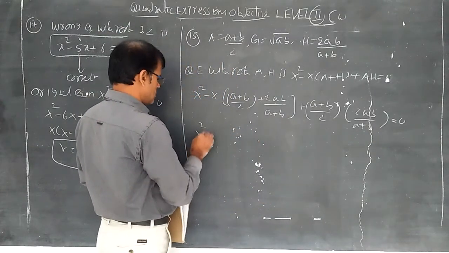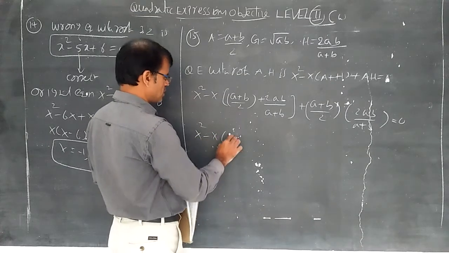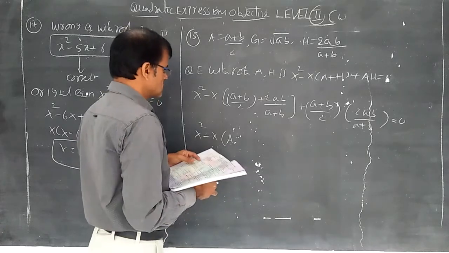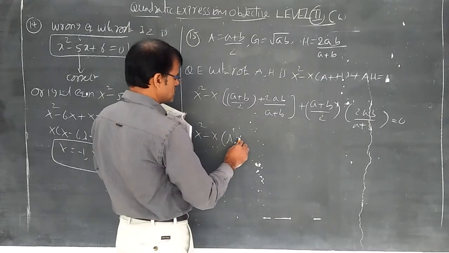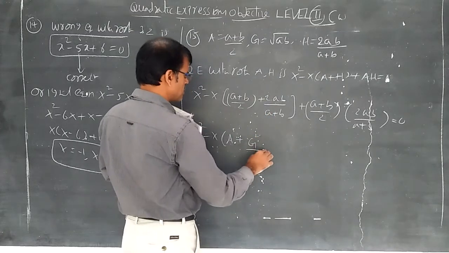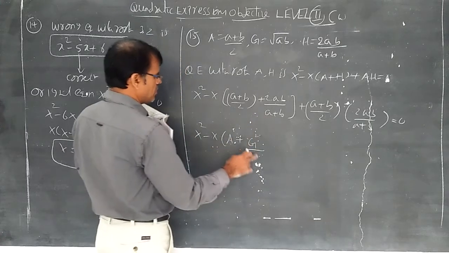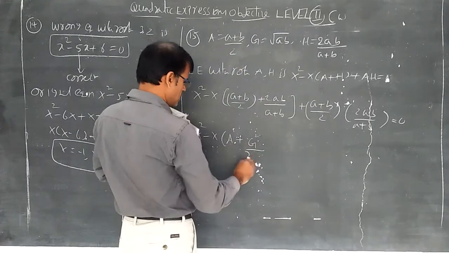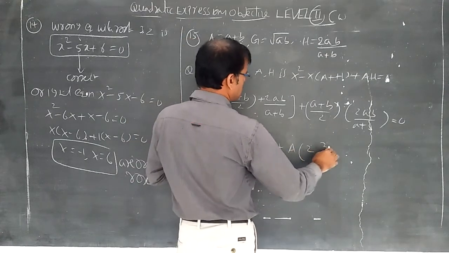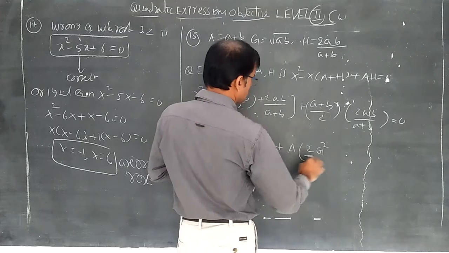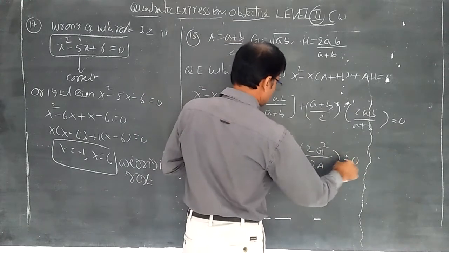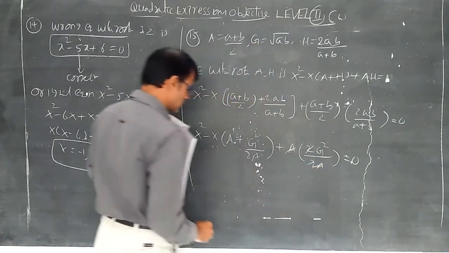We can understand x square minus x into this, which we can write as A plus H. This is a plus b by 2, and this is 2ab. So you can write G square by A. Here, 2A you can put, plus this is A, and 2ab means 2G square by, again a plus b means 2A, equal to 0. 2 gets cancelled, A gets cancelled.